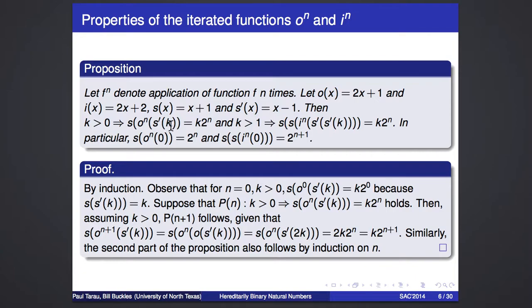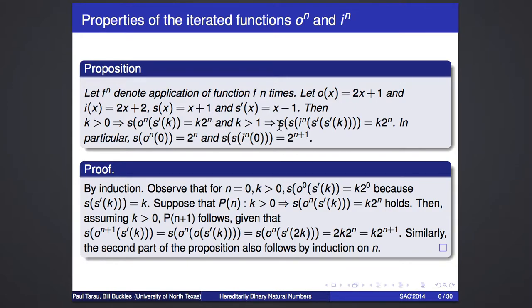We get some nice properties of the iterated functions O^n and I^n, so applying O n times and applying I n times. The first one is that the successor of O^n applied to the predecessor applied to k, k is a number, is the same as the left shift operation, k times 2^n, so left shifting k by n positions.